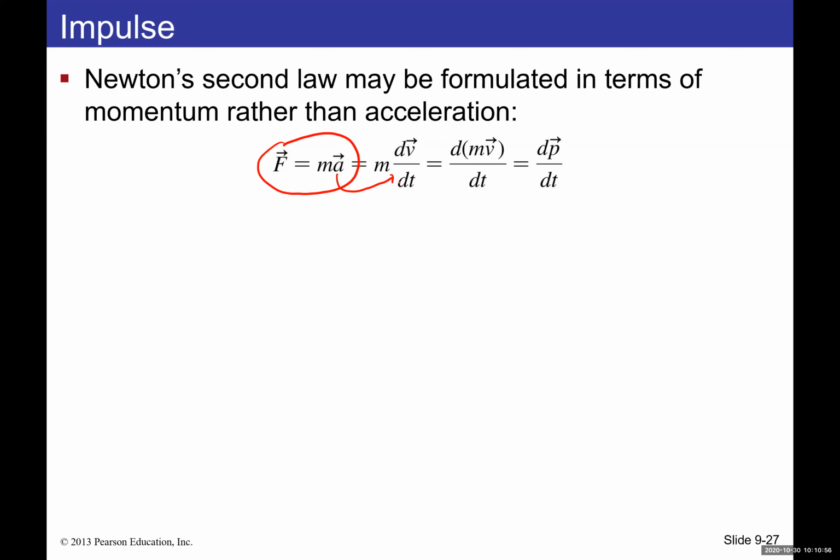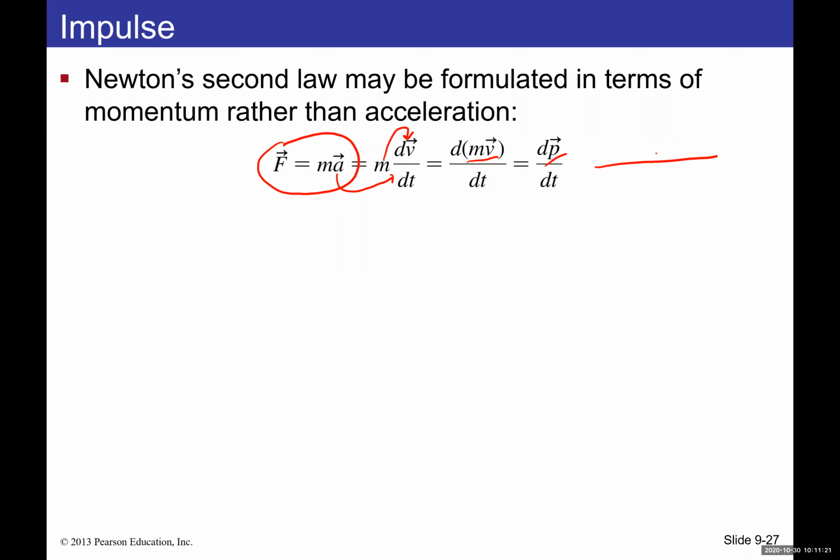So m times a becomes m dv/dt. m is a scalar, so we can move that inside, and it becomes d(mv)/dt. Well, we just learned m times v is nothing but the momentum. That means force is actually not mass times acceleration, but force is the rate at which an object changes its momentum.